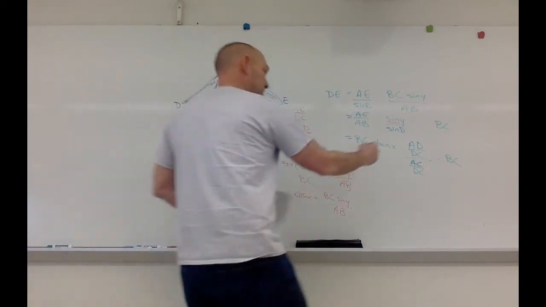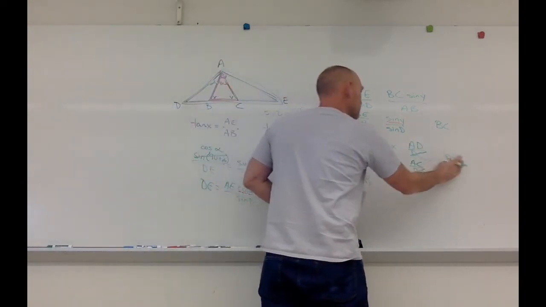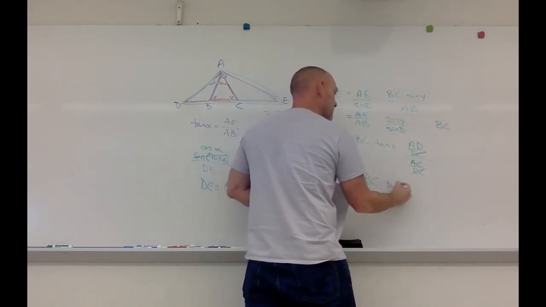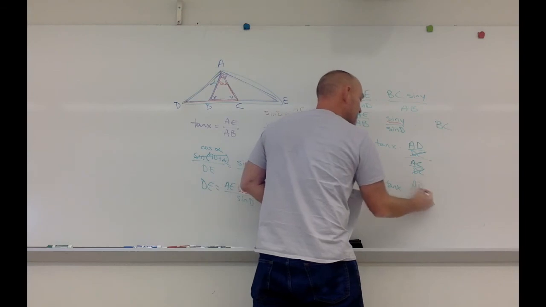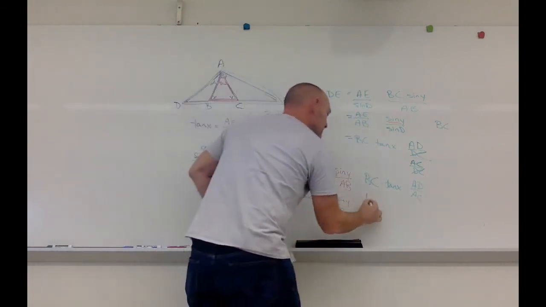Well, the DCs cancel, so this fraction is now AD over AC. Hey, AD over AC, that's the tangent of y.